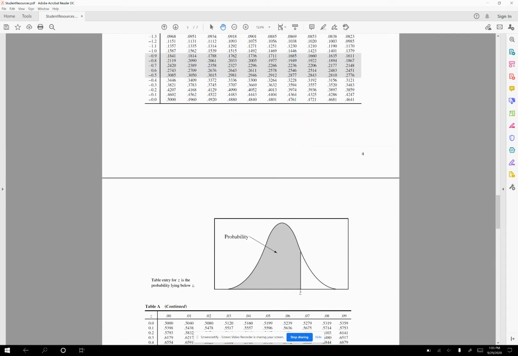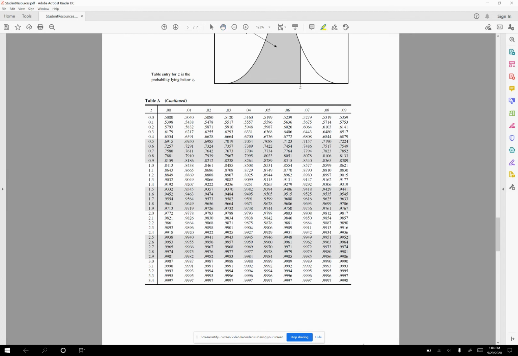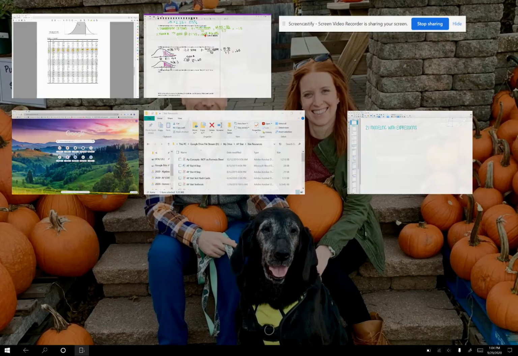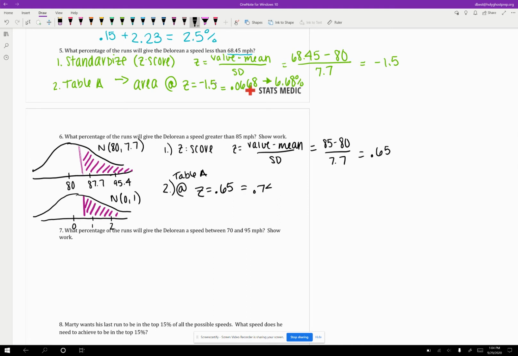So first you want to get over to the positive side. And 0.6 is across this row here. And then I'm going to my second decimal of 0.5, which would be a total of 0.7422. Back to my notes. So my area is 0.7422.